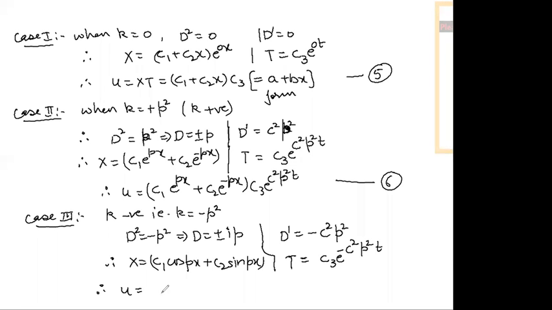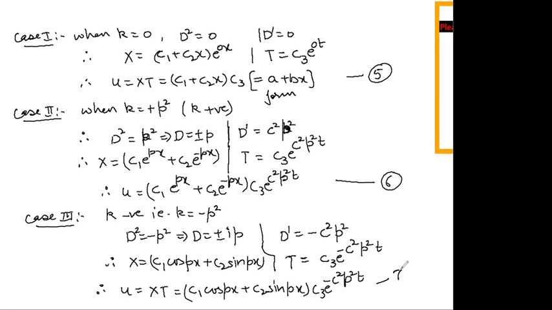Therefore, u is equal to XT, c1 cos px plus c2 sin px into c3 e to the power minus c square p square t. You mark this as 7th.